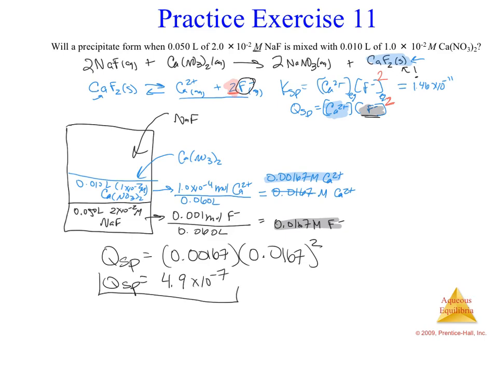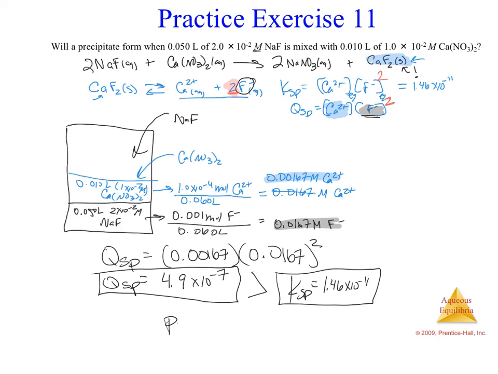So that's my Q value, and now I have to compare it to K. So KSP, from the text, is 1.46 times 10 to the negative 10th. I can see right away that Q is greater than K. That means the solution is supersaturated and precipitation will occur.